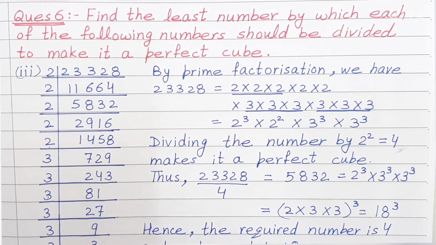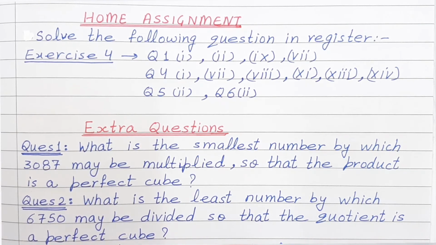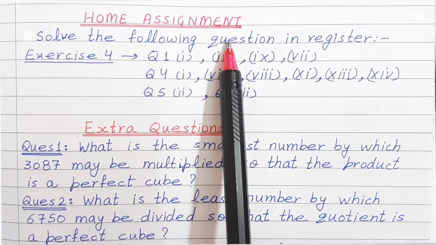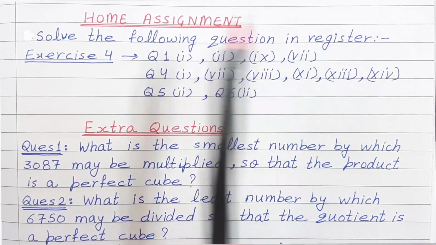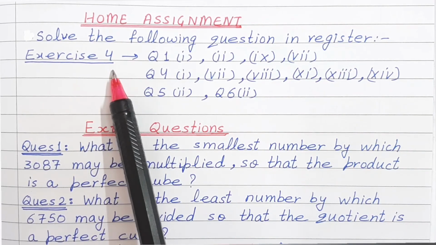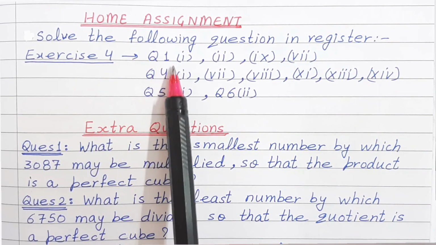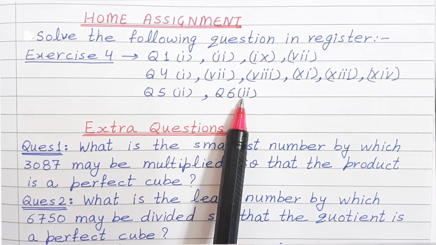I hope you all have understood this concept of cube and cube root. Now children, with this I conclude this interactive session. Now let us discuss about homework. So solve the following questions in your maths register from exercise 4. That is question number 1, 4, 5 and 6.